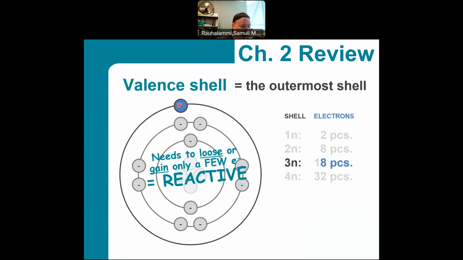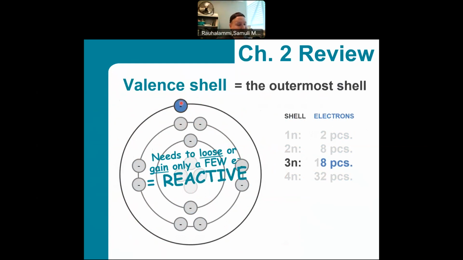So really what we're trying to do with this atom is to get rid of that one additional electron. So again, this atom is going to be highly reactive. It's actively searching ways to get rid of this electron so that it can reach its happy, stable state.